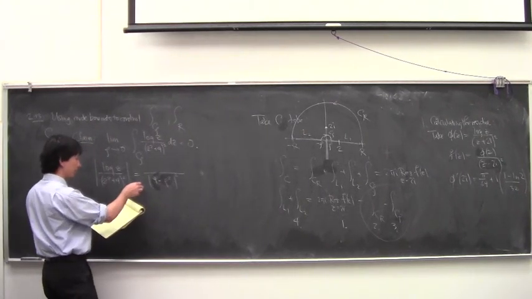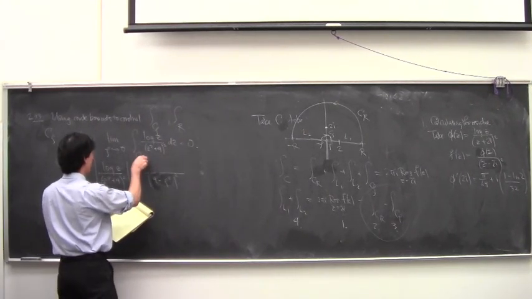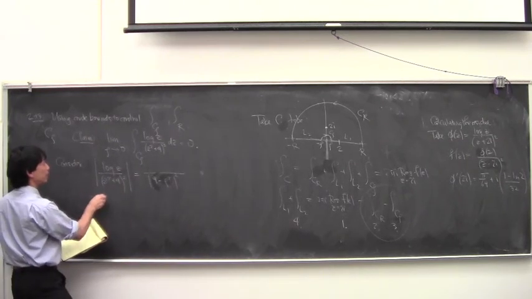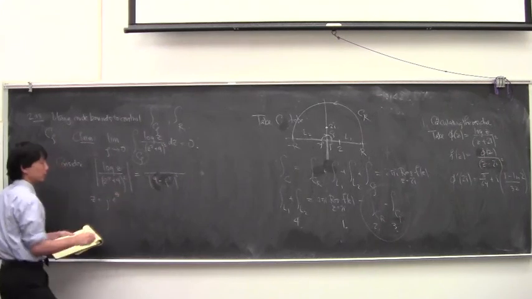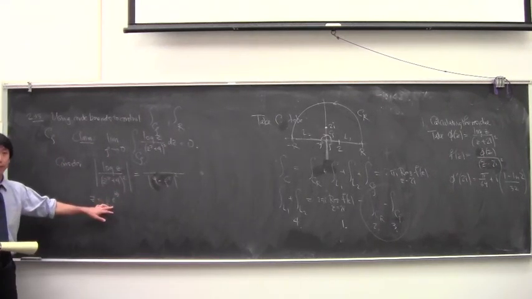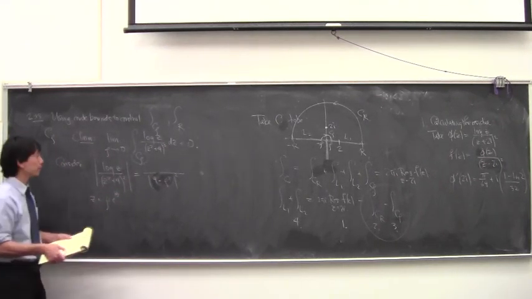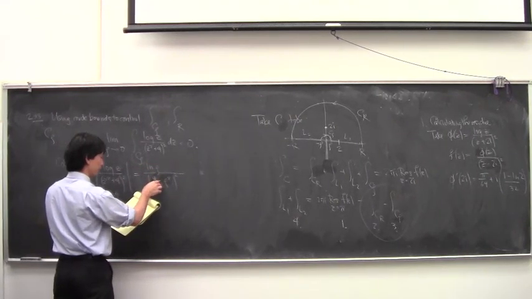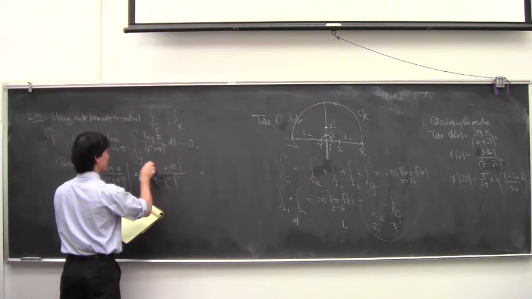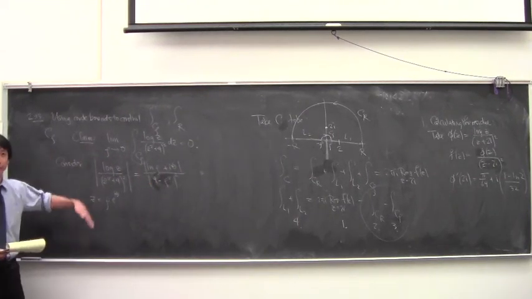And then on the top, what do I have? Z is on C sub rho, so it's going to look like this, rho e to the I theta. So this is going to be natural log of rho plus I theta, where theta lies between negative pi over 2 and 3 pi over 2.